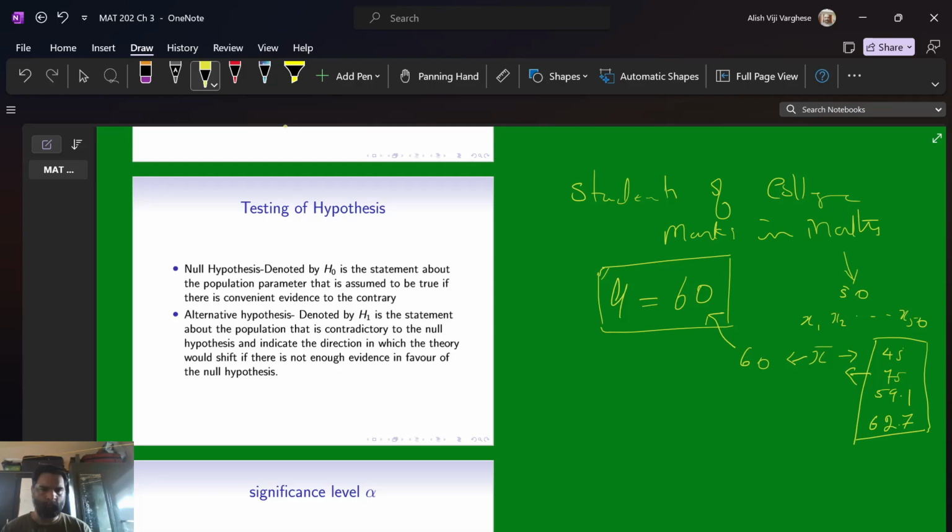So these kinds of problems are what we are going to discuss in testing of hypothesis in a formal way.